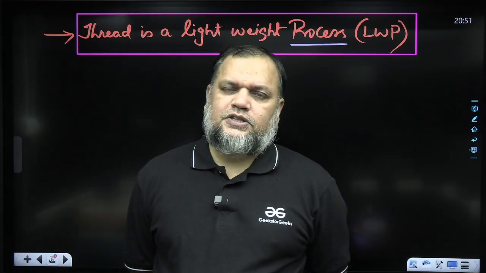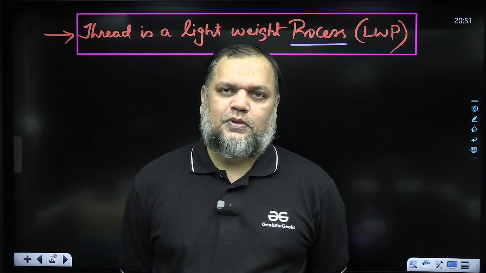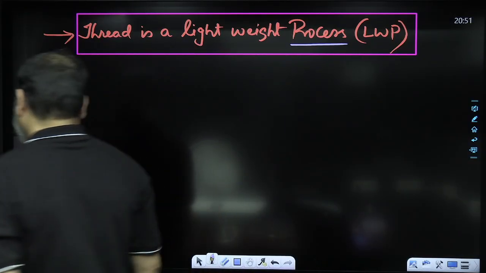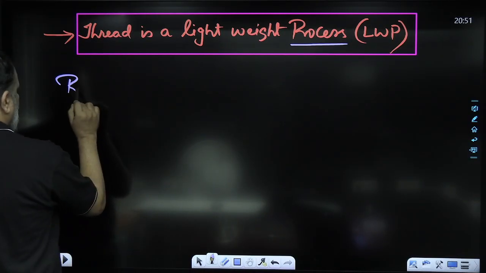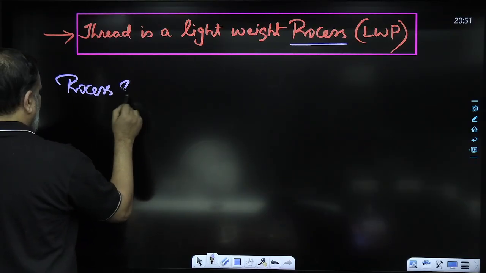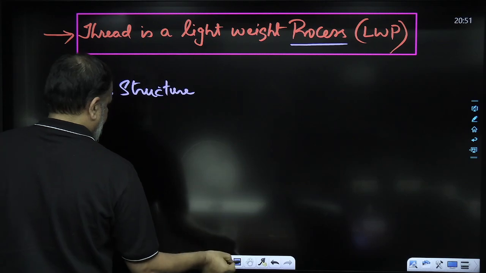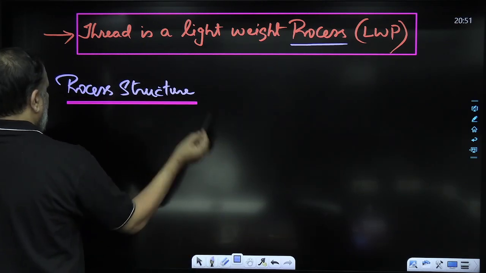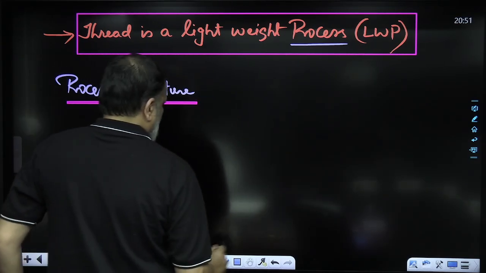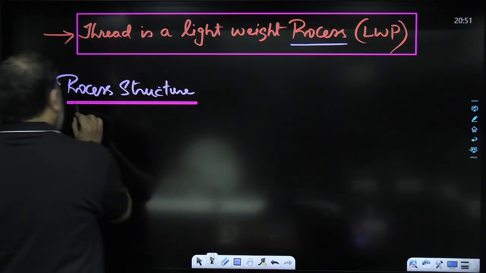Now in the previous lectures, we have seen what exactly is the definition of process. As part of the process structure, what are the important components of the process? So let's write it down. Process in the memory will consist of the following components.